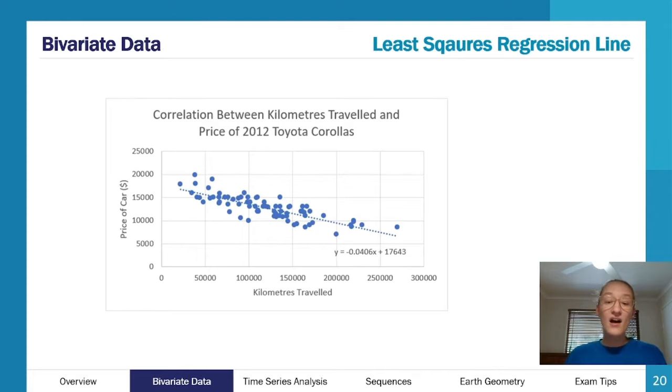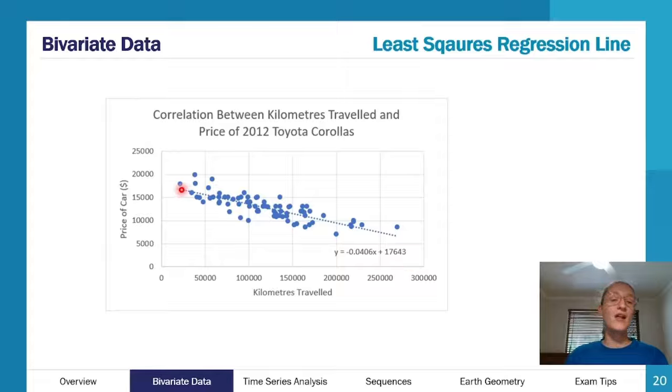Here you can see I've got an example. I've got y, my response variable, which here is the price of the car. So I'm saying the price of the car is equal to negative 0.0406 multiplied by the kilometers traveled plus 17,643.